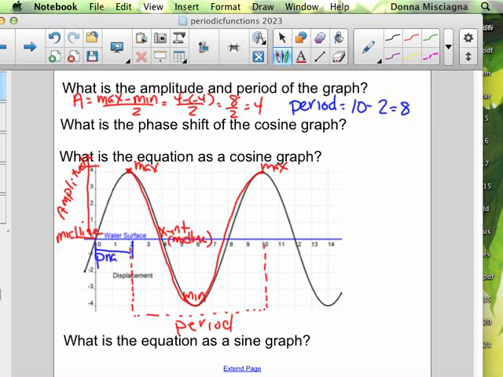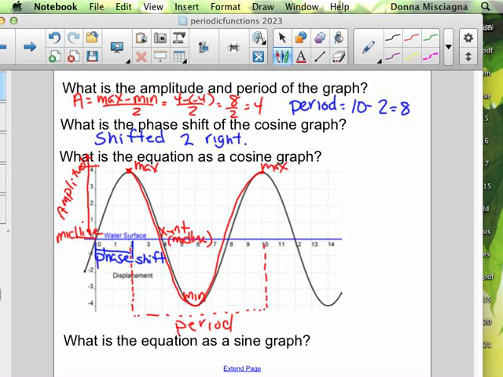How long does it take from the y-axis for the graph to begin? So this graph is shifted to the right. Our graph doesn't begin at x equals 0. It begins at x equals 2.